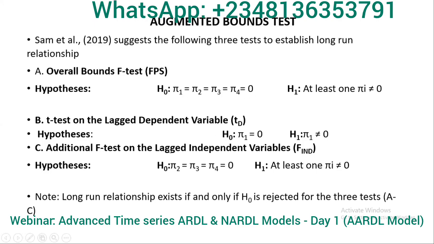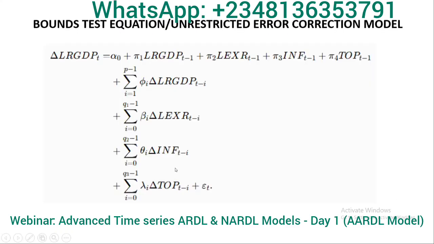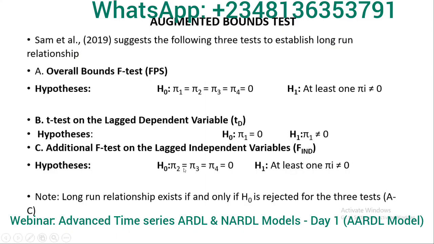So the additional test excludes the coefficient of the lag dependent variable, which is pi 1, and tests whether the coefficient of the lag independent variables are equal to 0. As a note, a long-run relationship exists if and only if H naught is rejected for the three tests.